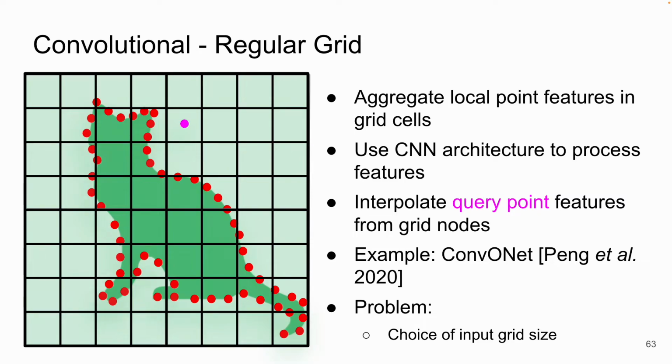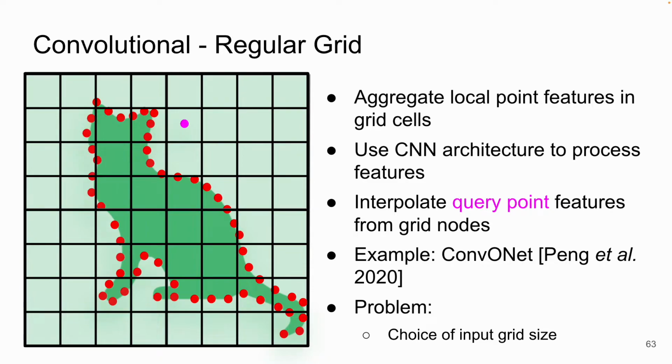Another idea is to aggregate local point features in grid cells, and then use a convolutional neural network to process these features and then interpolate query point features from grid nodes, and again decode them to get the occupancy of the query point. The problem here is the choice of the input grid size.